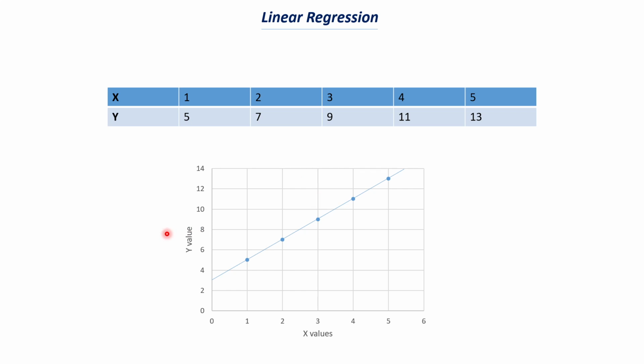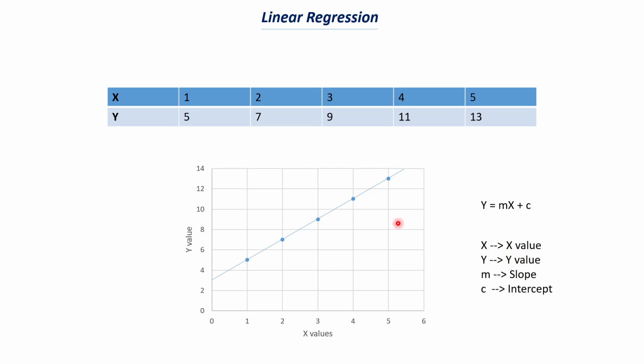From our school days, we have studied that the equation of a line is y = mx + c. We would have studied this in high school, so it is a very simple equation. In y = mx + c, x represents the x-axis value, y represents the y-axis value, m represents the slope of the line, and c represents the intercept.